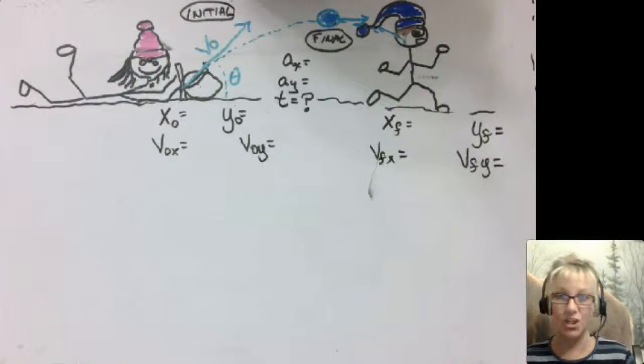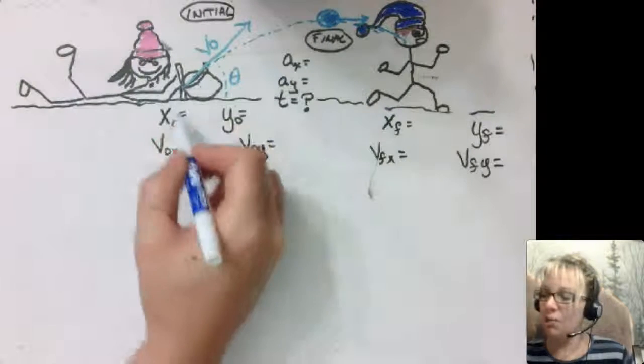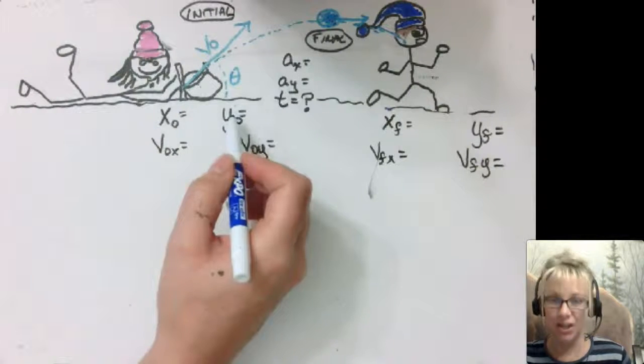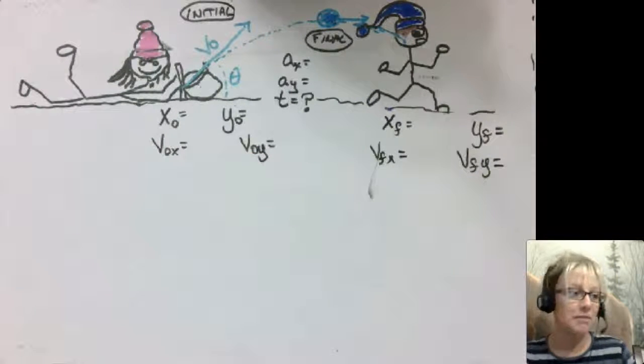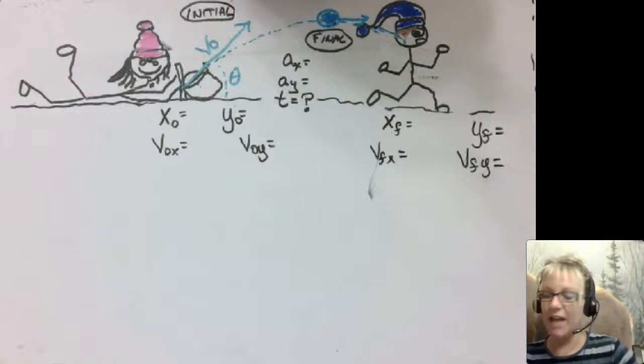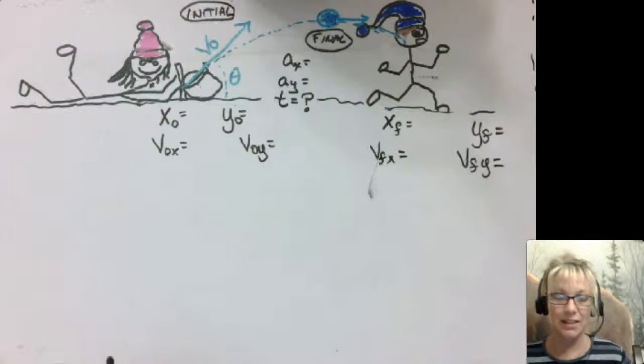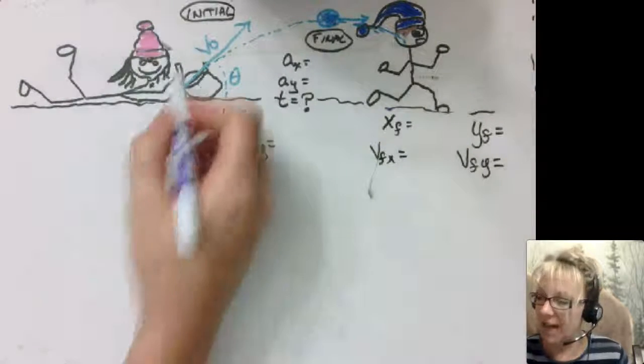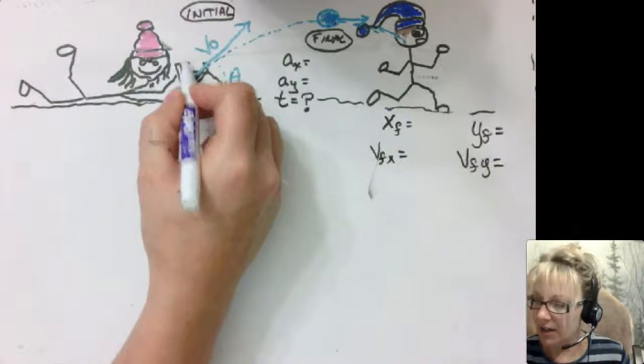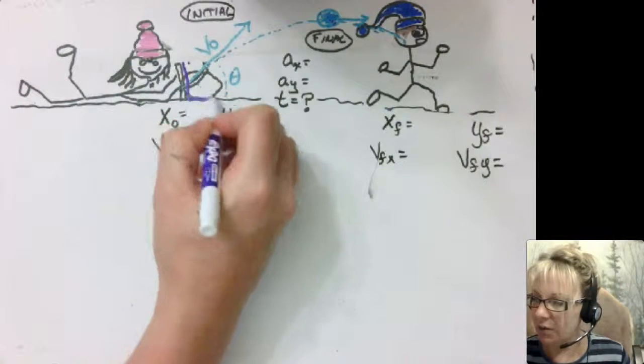Now we're going to take each variable at a time. When we talk about the position, we can't talk about a position until we have a coordinate axis. I'm choosing to put the coordinate axis right here, right where that snowball starts.